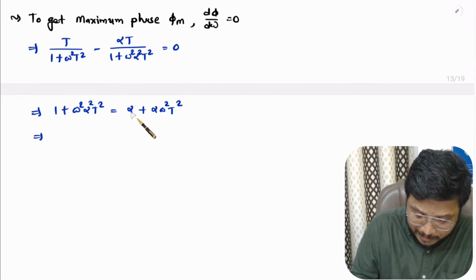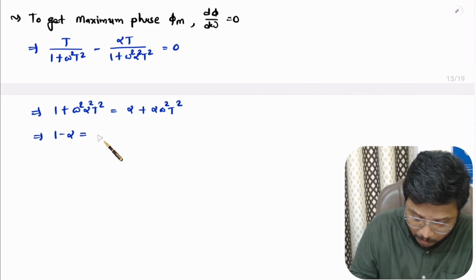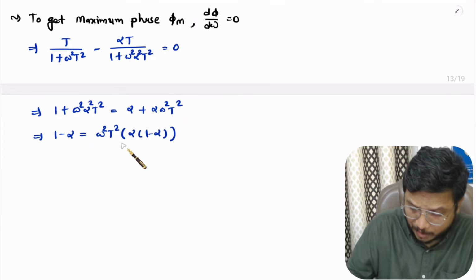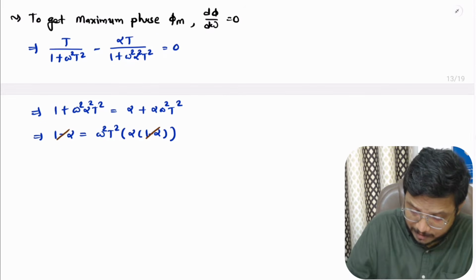Now if you take this alpha on this side, then we'll have 1 minus alpha, and if you take this omega square alpha square T square on the other side, then here we will have omega square T square common, and here we will have alpha into 1 minus alpha. If you carefully observe, this 1 minus alpha is getting cancelled from both sides.